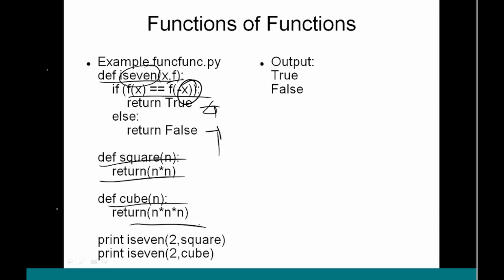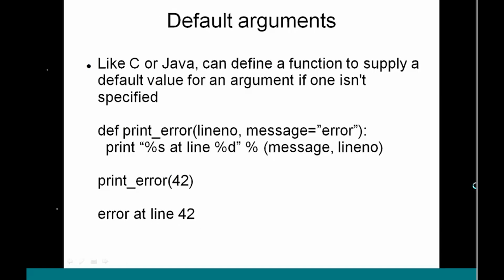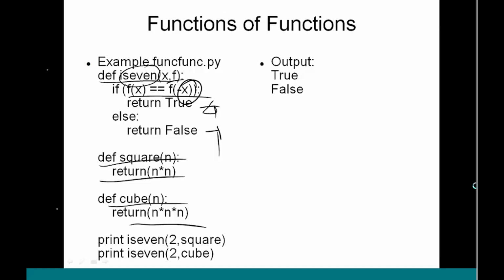So now we say, okay, print is_even of 2 with square, and then print is_even of 2 with cube.